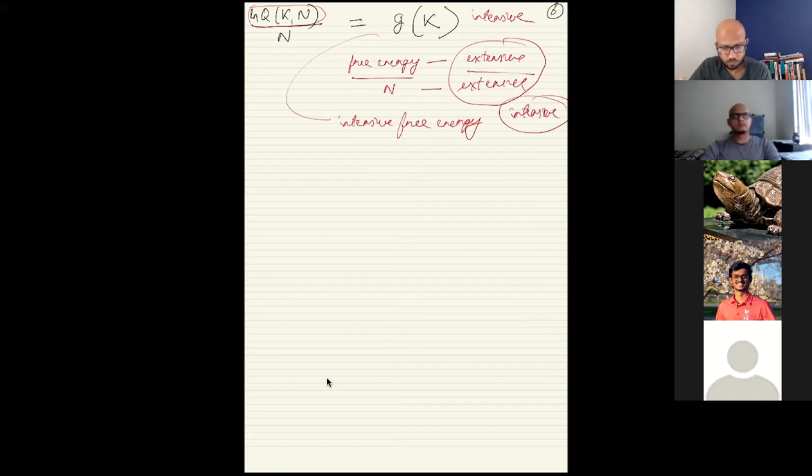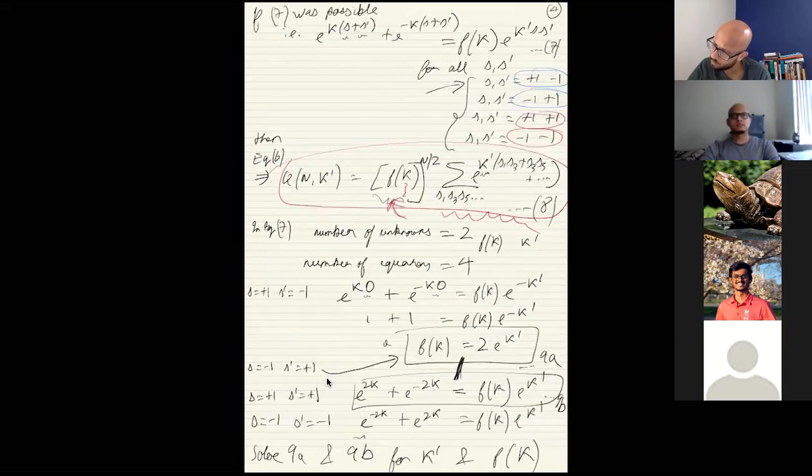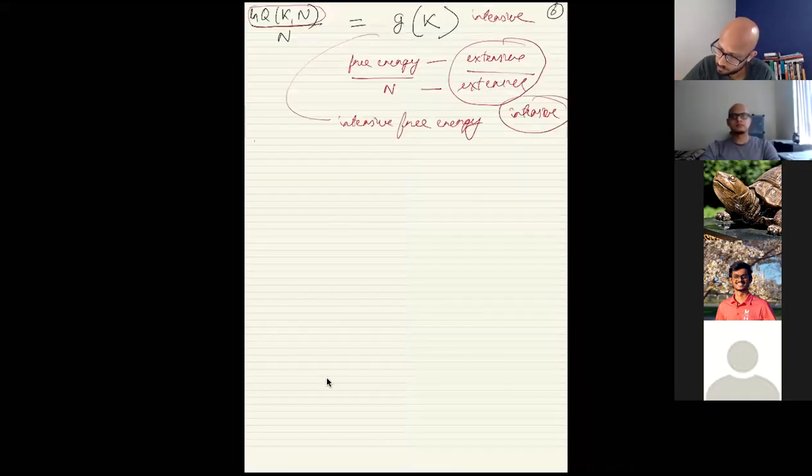Okay, so with this, let's look at equation number 8. Again, if this renormalization group stuff seems abstract, I'm with you.